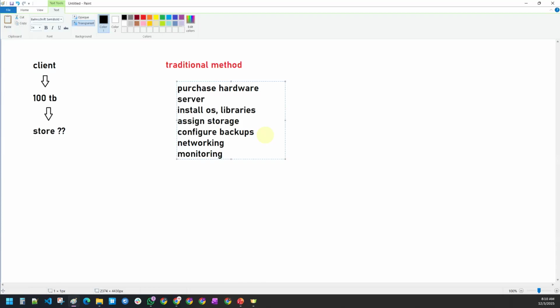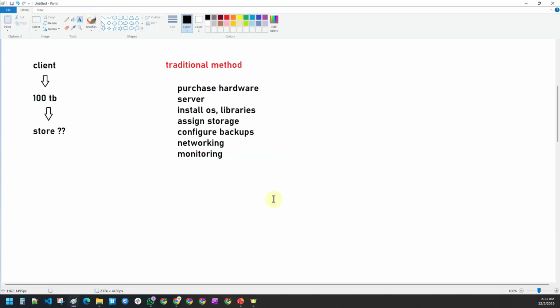When you are working on a cloud platform, you don't have to take care of all of these things. But with the traditional method, you have to do everything on your own, like purchasing the hardware and server, installing the operating system and libraries, and assigning the storage. It will take a lot of time, money, and effort, because one person cannot do all of these activities.